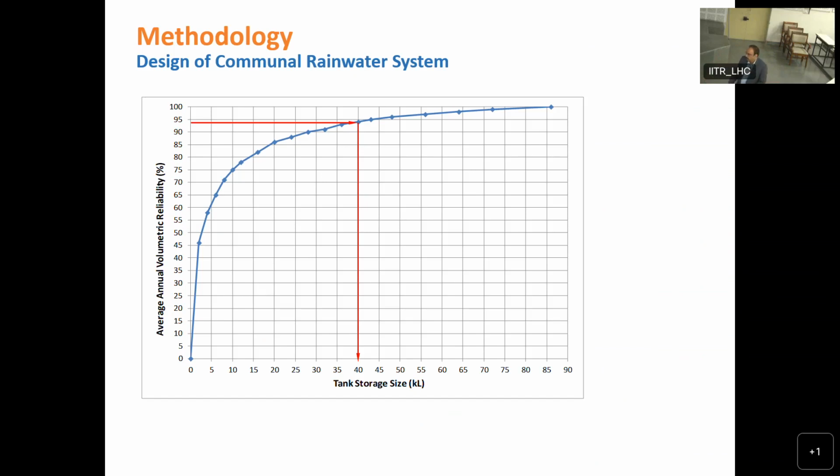That's why you can select a suitable range of rainwater tank size. So for example, at 90, you just need a tank size of 26.7 kiloliter. So you can very easily plot those tanks using those software.